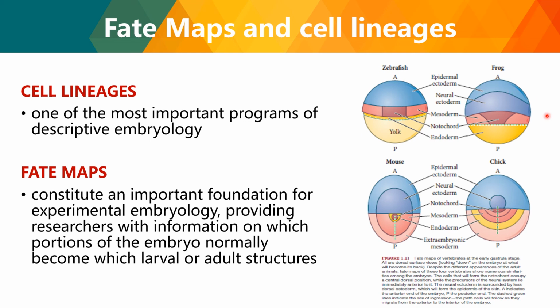Okay? So cell lineages is actually one of the most important programs of descriptive embryology, and fate maps constitute an important foundation for experimental embryology, providing researchers with information on which portions of the embryo normally become which larval or adult structures. Okay? So as you see in here, yung mga colors nga na makikita nyo, they do depict the different germ layers.